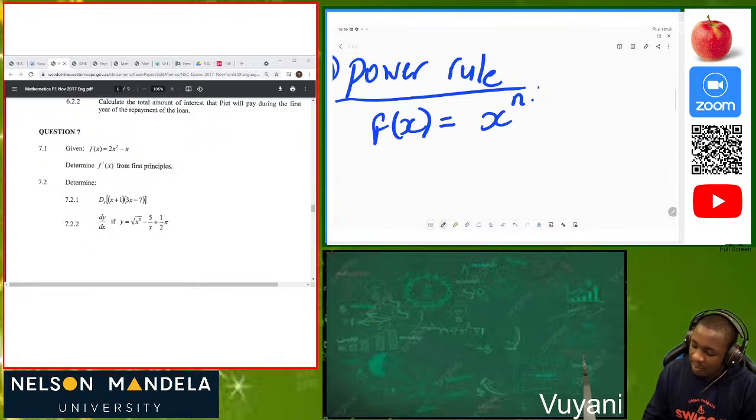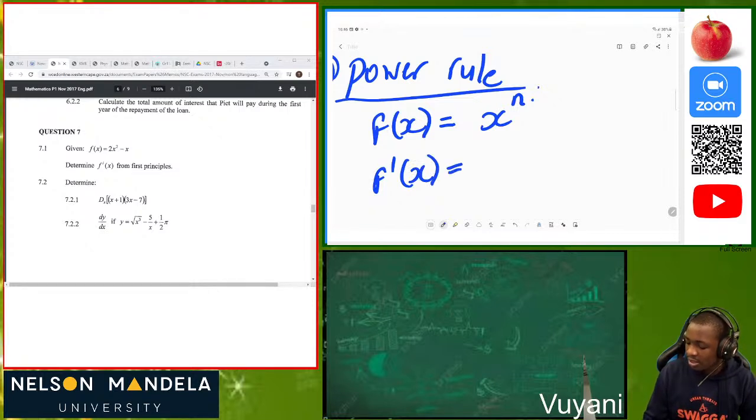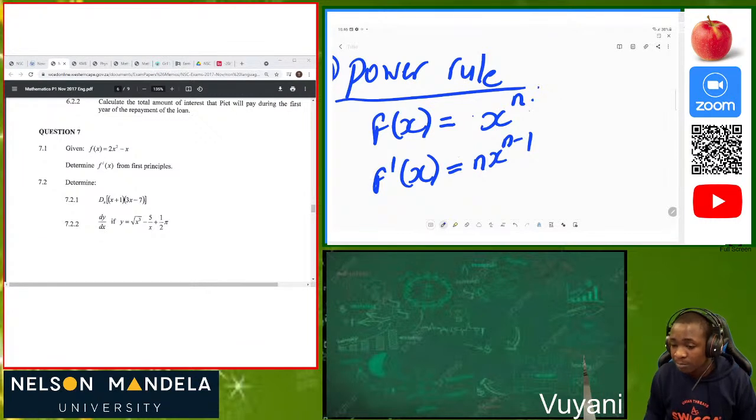If they say determine the first derivative, or f prime of x, the power rule says that it will be the exponent multiplied by the coefficient of x. So in this case, it's going to be n x, then you subtract 1 from the exponent. So that's the power rule.